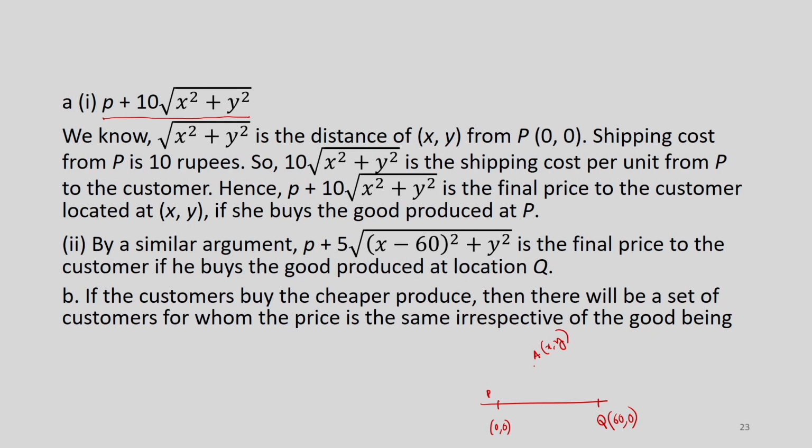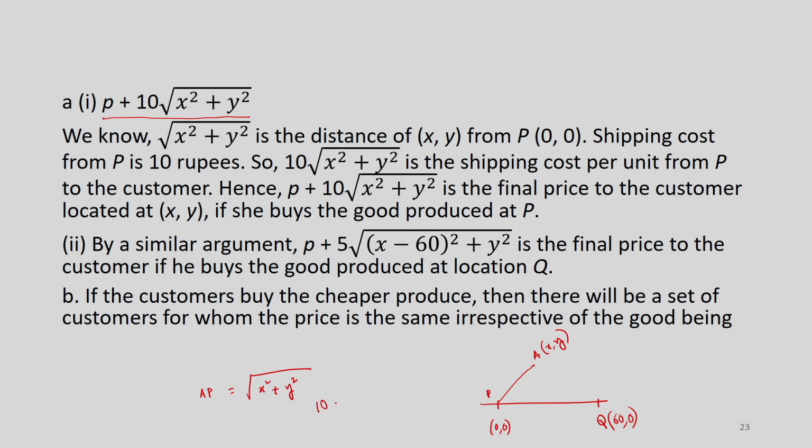Now, what is the economic interpretation of this expression, P plus 10 multiplied by root over x square plus y square? First note that root over x square plus y square is the distance between P and point A. So, this is nothing but AP, and this is being multiplied with 10.